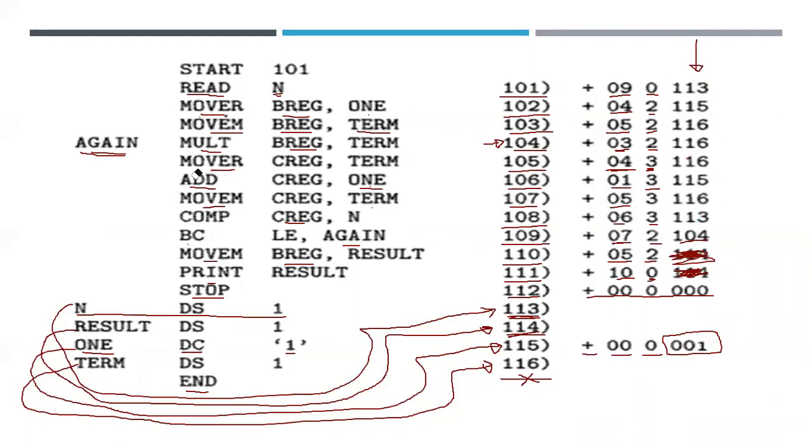What is the address of again? Already calculated, again 104, which is kept here. What is the address of result? The address of result is 114. Now you can see this is the complete machine code for the given assembly language program.